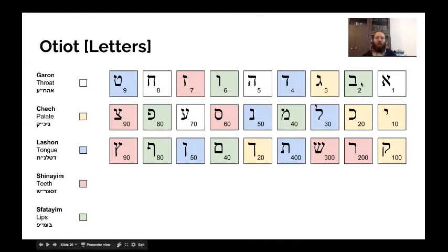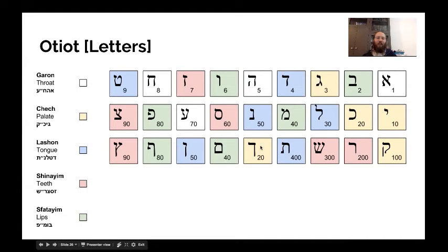So Aleph is 1, Bet is 2, Gimel in numerology is 3, Dalet is 4, Hey is 5, Vav is 6, Zayin is 7, Chet is 8, Tet is 9, Yud is 10, Kaf is 20, Lamed is 30, Mem is 40, Nun is 50, Samech is 60, Ain is 70, Pei is 80, Tzadi is 90, Kuf is 100, Reish is 200, Shin is 300, Taf is 400.